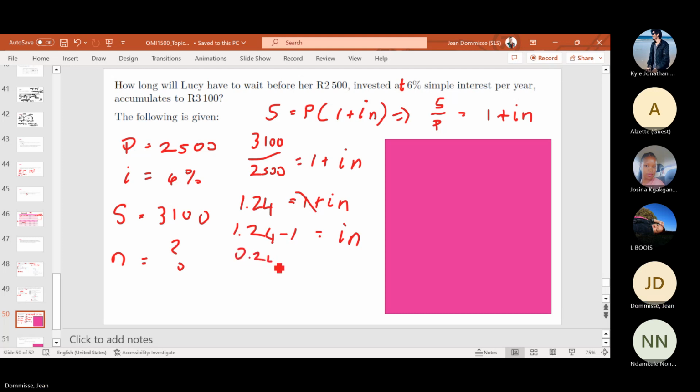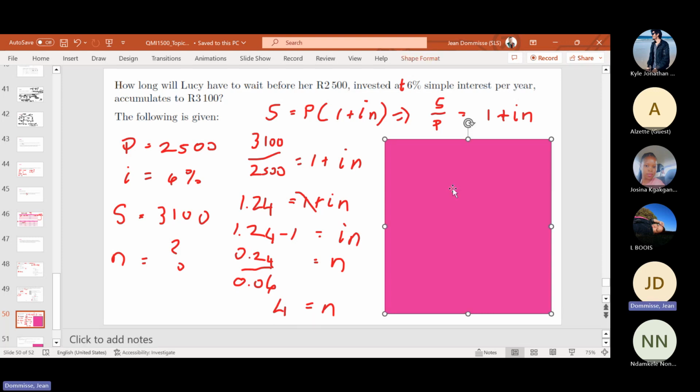Now we have 0.24. And then I want to get rid of the interest component, so I divide on both sides by i. But we know that i is equal to 6%. So if you say 0.24 divided by 0.06, you will get n is equal to 4.